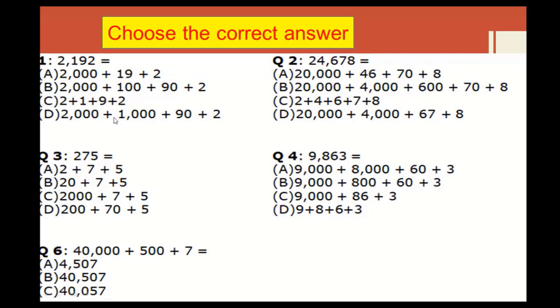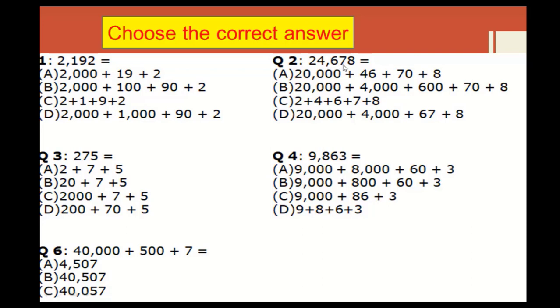We can see here 100 is absent. There is 2190 plus 2. That is the correct option. So option B is correct. Next number, 24,678.